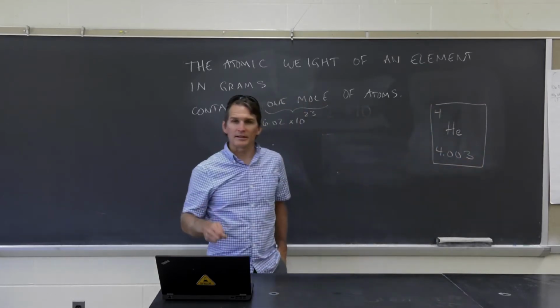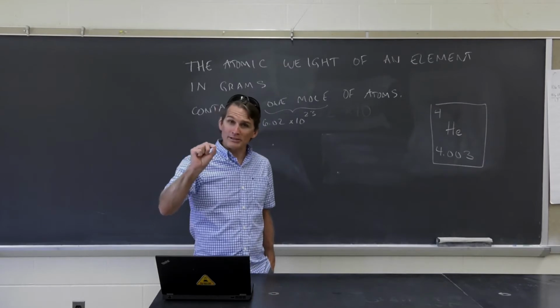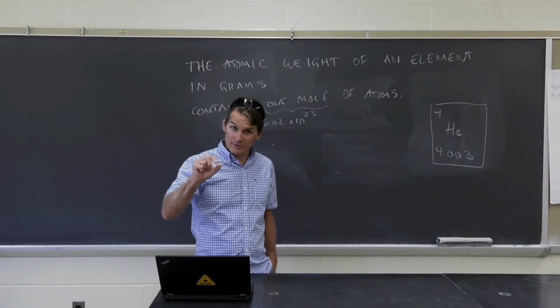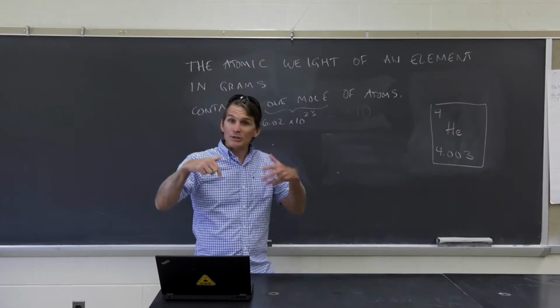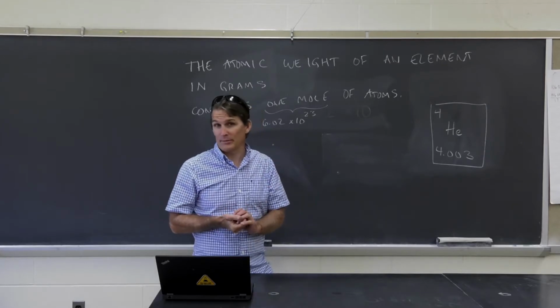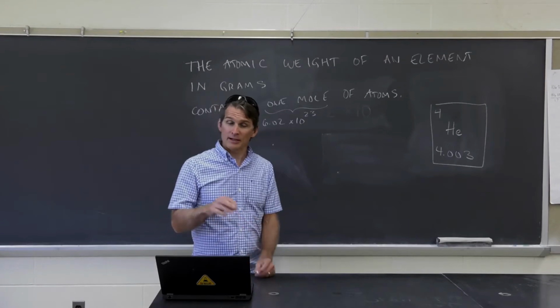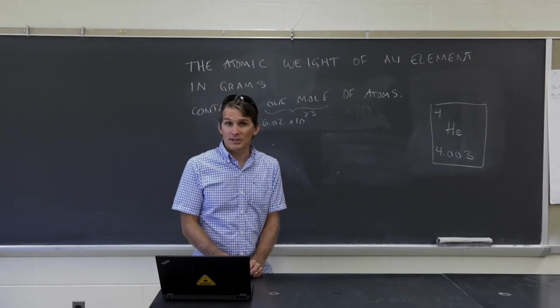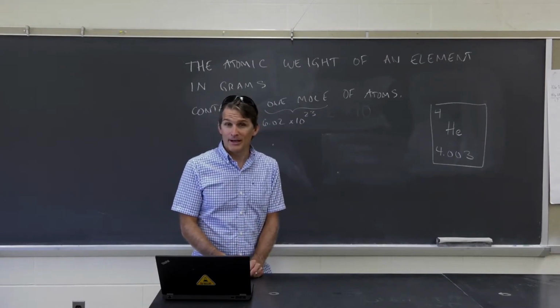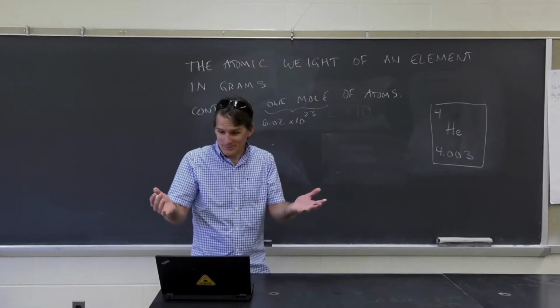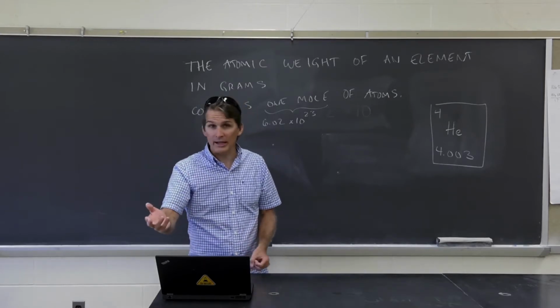And that tells me that if I have 4.003 grams of helium atoms, I have exactly 1 mole of helium atoms. And that tells me that I have 6.02 times 10 to the 23rd helium atoms. You can do that for any element on the chart.